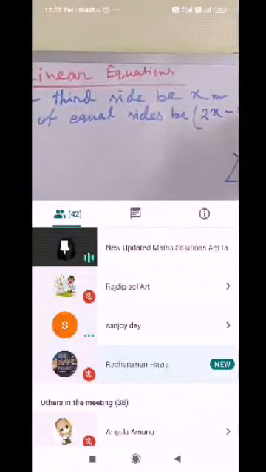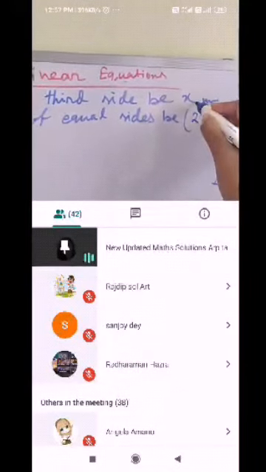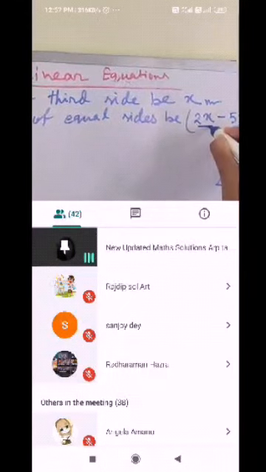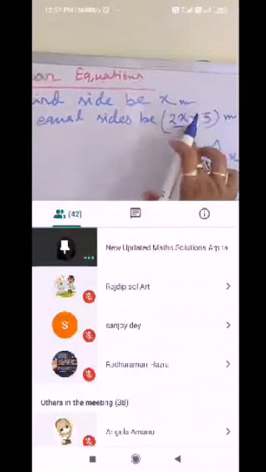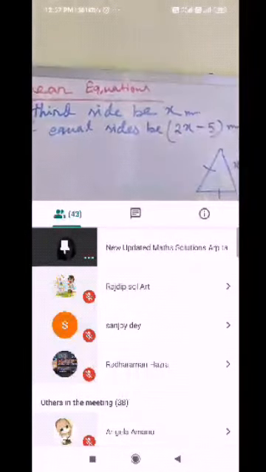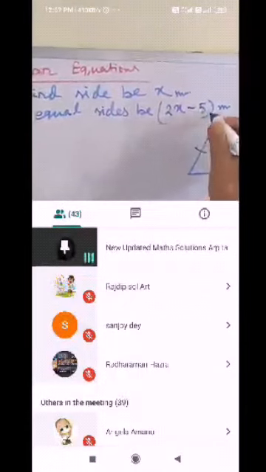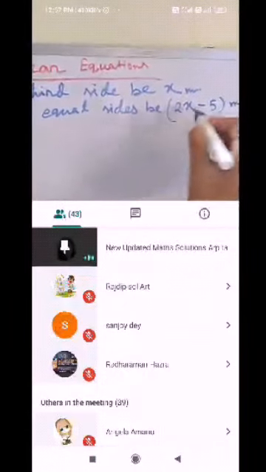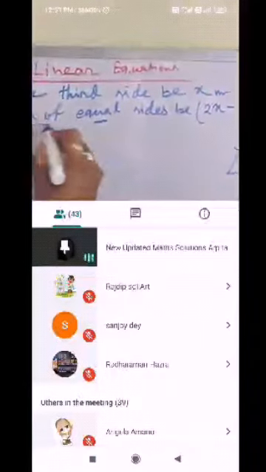Third side I have taken x. Twice the third side means 2x and 5 meters less, that means 2x minus 5. I hope this is clear. One side is this one, another side will also be 2x minus 5 because I have written equal sides.